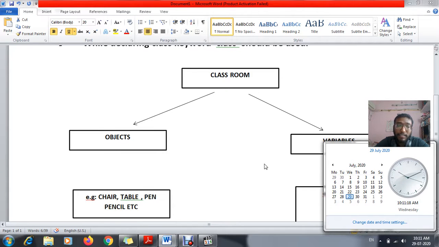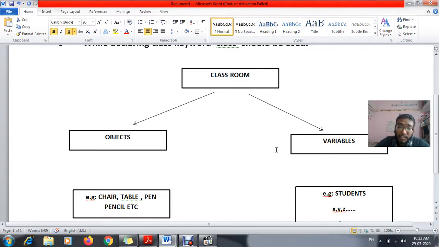This is your method. Another example is the place: if that baby is taking birth in Surat, in a particular hospital, that hospital can be considered as a method. I hope you all understood.